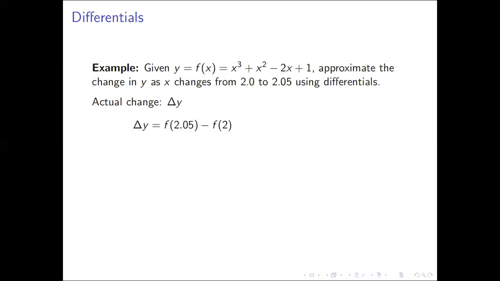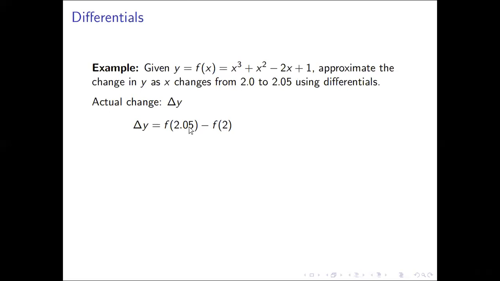Let's see. What's the change in y? Well, there are two values of x. X changes from 2 to 2.05. So this is just high school algebra, right? Where the change in y is y2 minus y1. So that's f of x2 minus f of x1. So this is the value at 2.05. This is the value at 2.